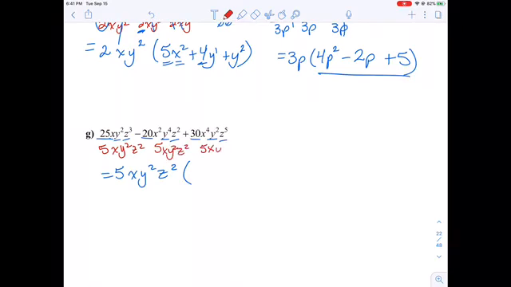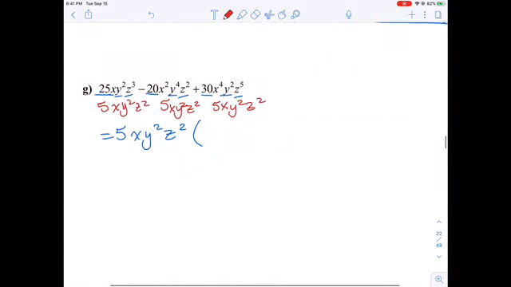and again, sometimes it just helps to kind of look and see these right underneath each term. When I simplify or divide those out, we get 25 divided by 5, 5, x is reduced, y squared is reduced, we get z cubed divided by z squared, minus 4, okay, x squared divided by x is x, y to the 4 divided by y squared, and the z's reduced to 1.